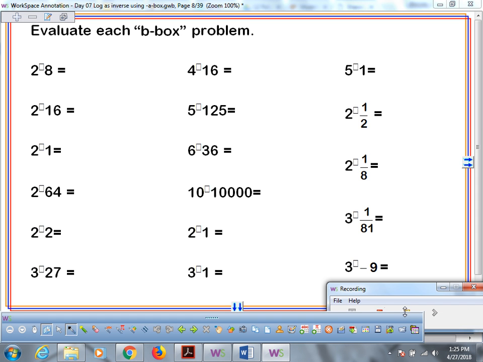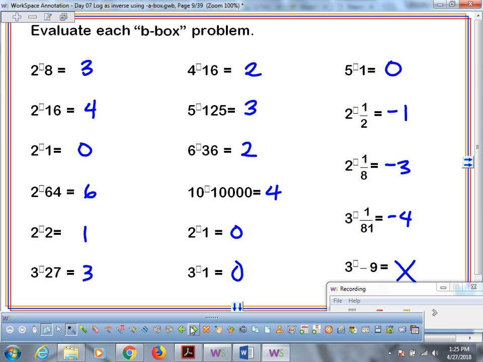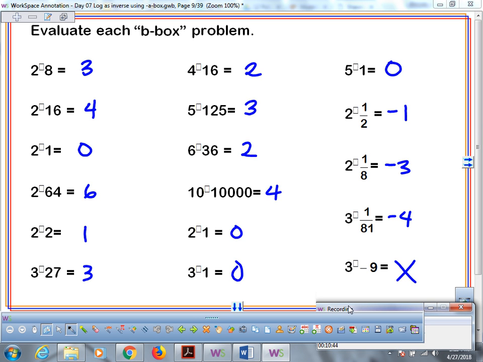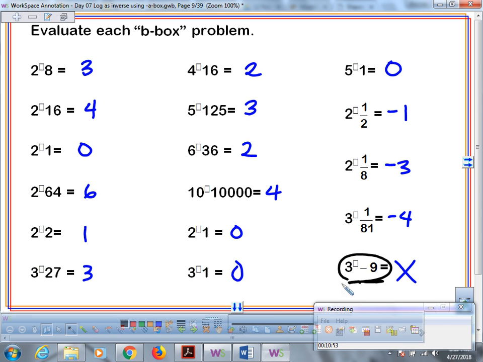All right, let's look at the answer to these. This one doesn't work, right here. And the reason this one doesn't work is because you can't get a negative number from a positive base. Does that make sense? There's nothing I can do to get a negative number from a positive base.